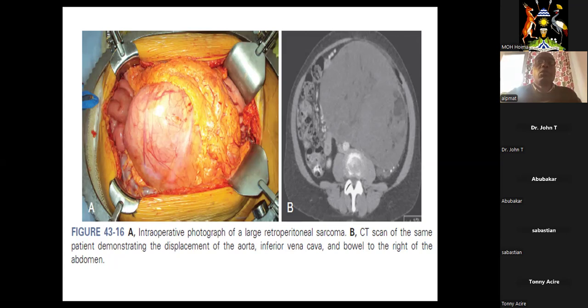We have zone 1, zone 2, and zone 3. Zone 1 is the central retroperitoneum, and this one has the aorta, the IVC, the pancreas, and the duodenum. It also has parts of the esophagus.